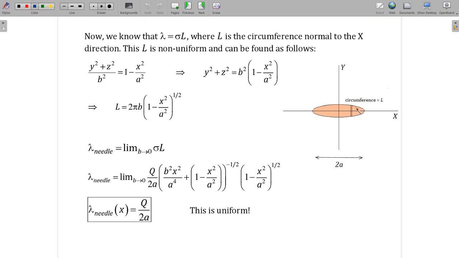Suppose you have two planes perpendicular to the x-axis. I have drawn these two lines to represent those two planes. Two planes perpendicular to the x-axis intercept a small part of this object, right?